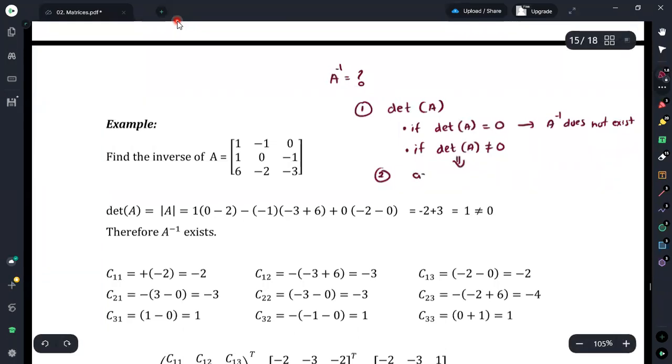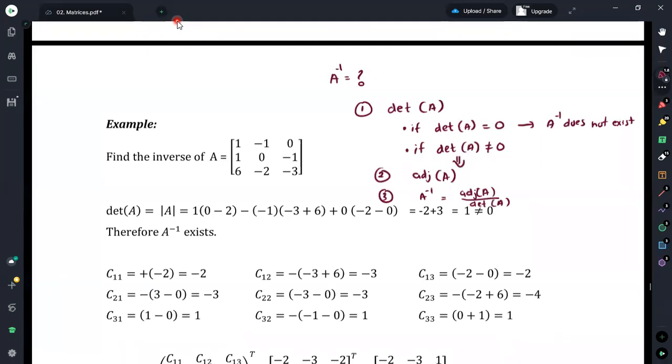Then we have to take the adjoint of the matrix A, and then we can use the equation that A inverse is equal to the adjoint of the matrix A divided by the determinant of matrix A. Therefore, these are the calculation steps for obtaining the inverse of the matrix.